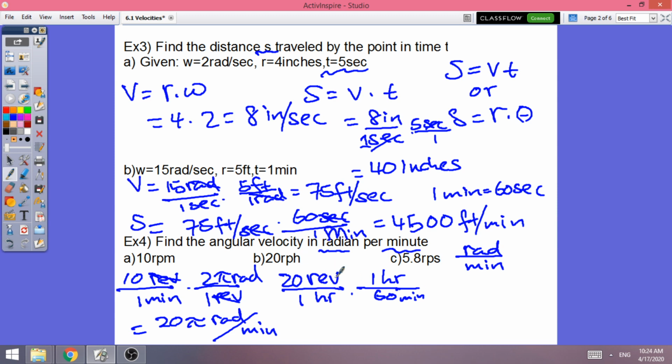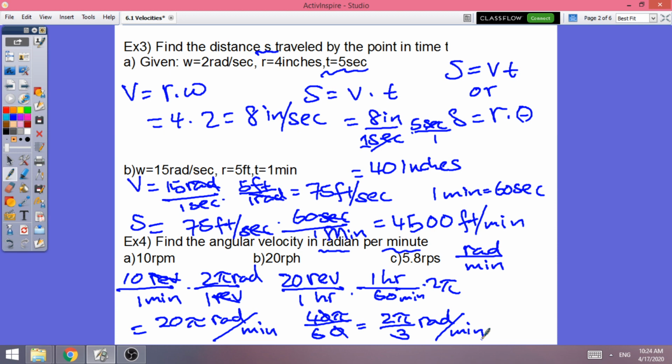And also we need to multiply that revolution by 2 pi. So 20 times 2 pi is 40 pi, divided by 60. Reduce: the 0s got canceled, 4 and 6 reduced by 2. So we got 2/3 pi, or 2 pi over 3, radians per minute.